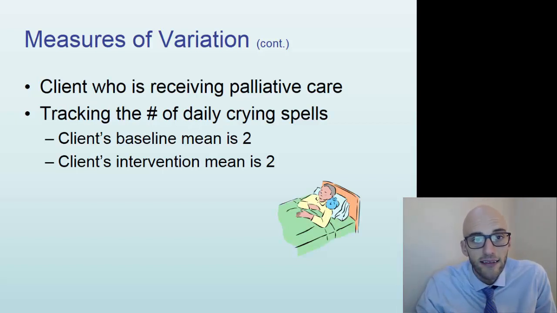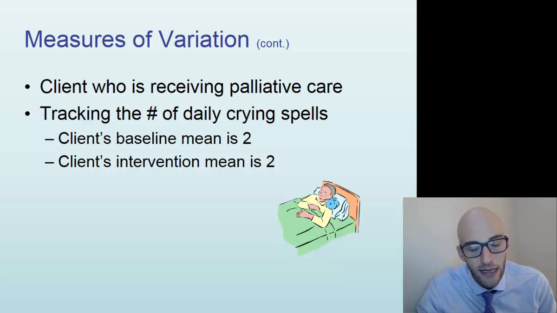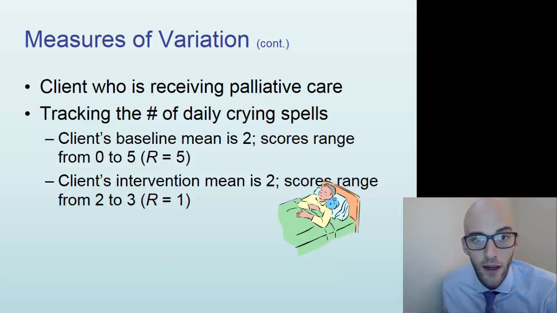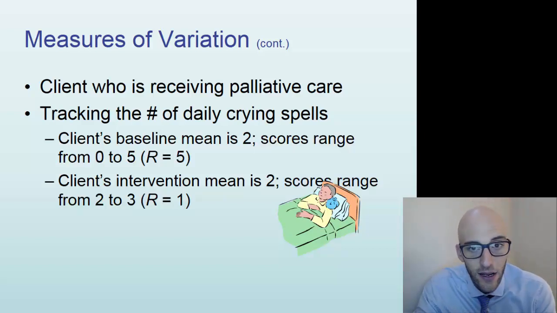So here's a case example where a client is receiving palliative care and tracking the number of daily crying spells. You can see that the baseline mean is 2 and the intervention mean is 2 as well, so you might think that there's really no change here. However, if we looked at the range, we could see that there was a baseline range of 5 versus an intervention range of 2.